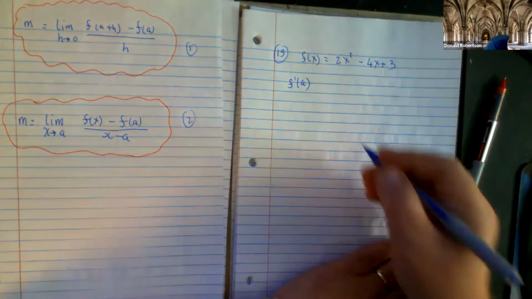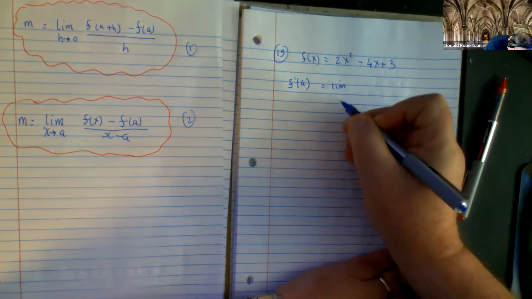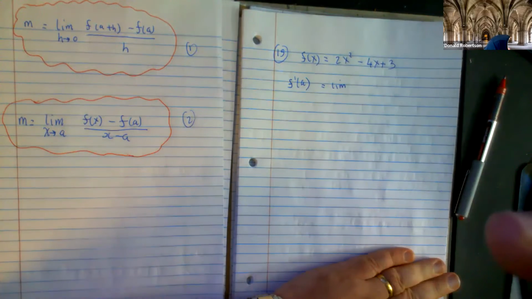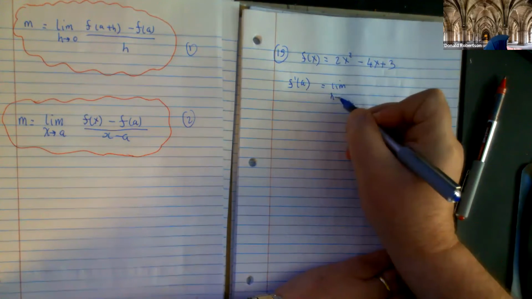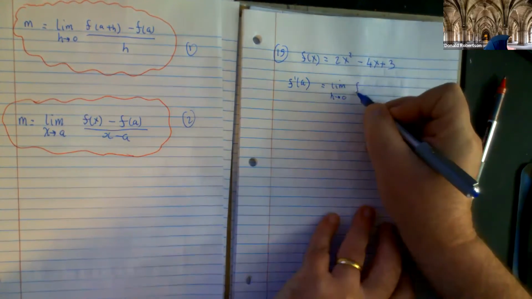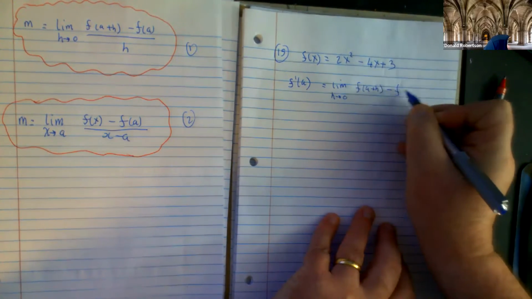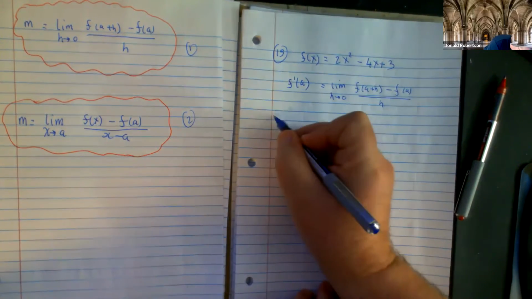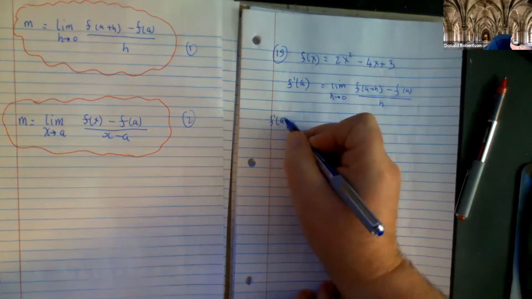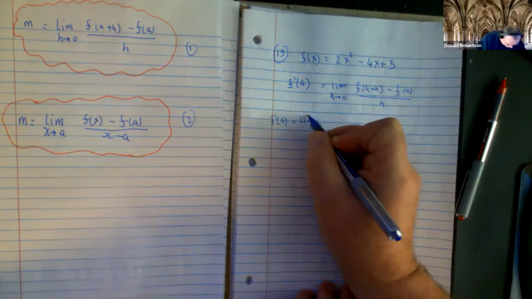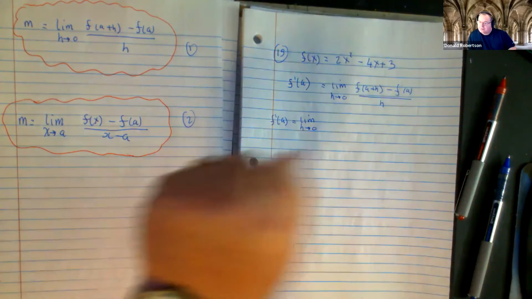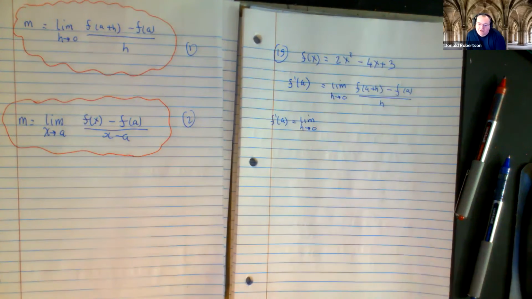So the limit as h tends to 0 of f of a plus h, take away f of a all over h. Do you know those little wooden things that you stick in ink and you go stamp, stamp, stamp? Wouldn't it be really good to have one of these so that you could have that guy and just go stamp?